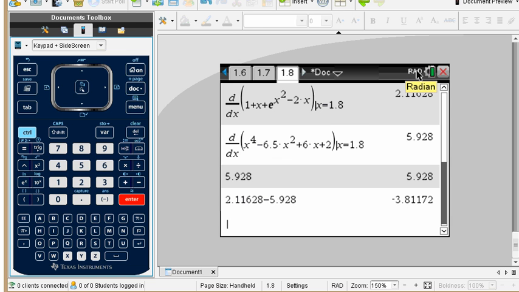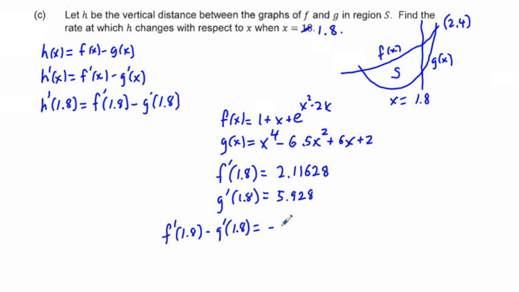Which would be rounded to 3 places after the decimal point. 3.812 is what it should be. 3.8117, I got that wrong.